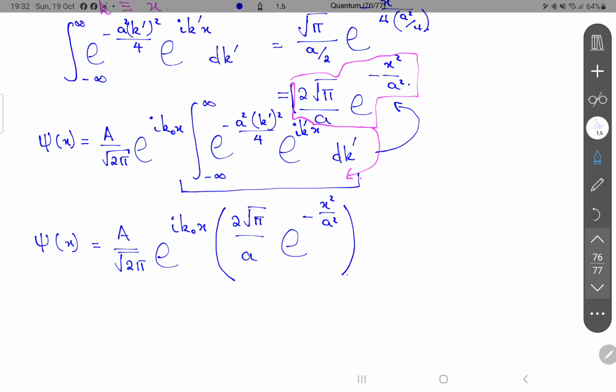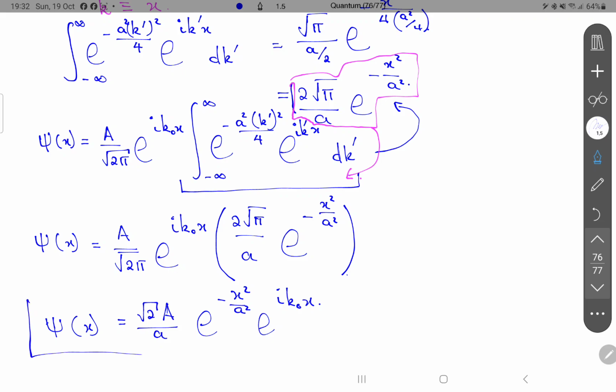So at the end of the day, your wave function psi will be reduced to, because you can see the maths, it's very easy now, the square root of 2a over a, e to the power negative x squared over a squared, e^(i k naught x). So the wave function is like this now. This is the wave function.